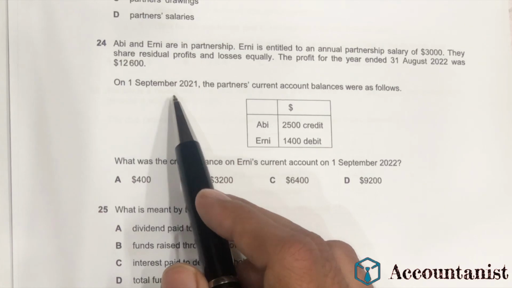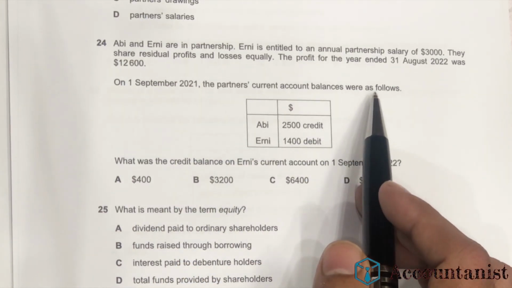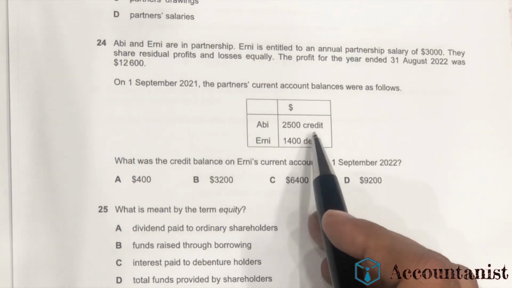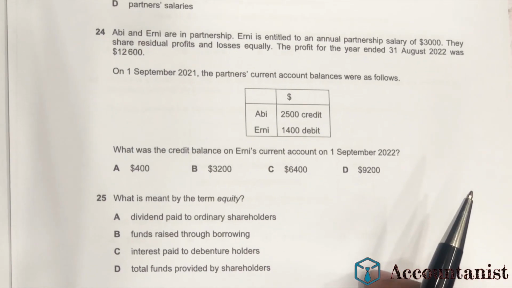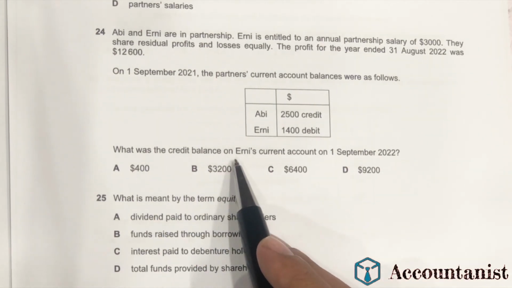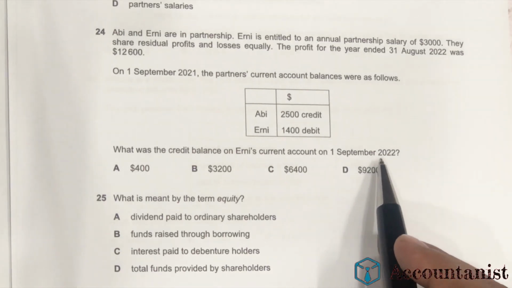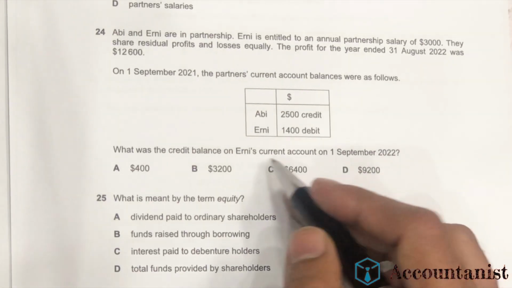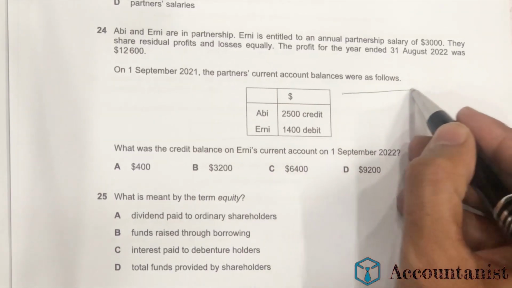On 1st September 2021, the partners' current account balances were as follows: Abby had a credit of 2,500 and Amy 1,400 on the debit side. What was the credit balance on Amy's current account at 1st September 2022? We have to make a current account of Amy, so let's make a current account of Amy here.